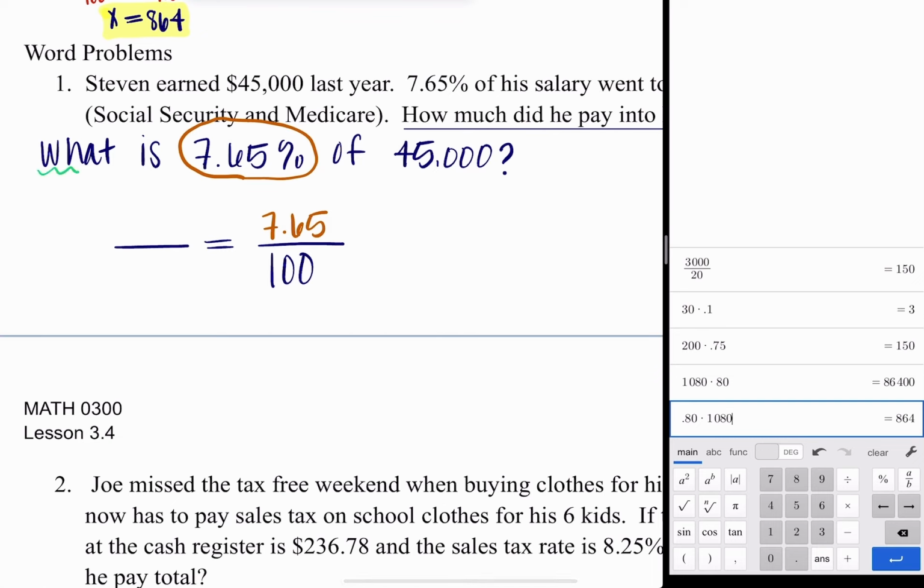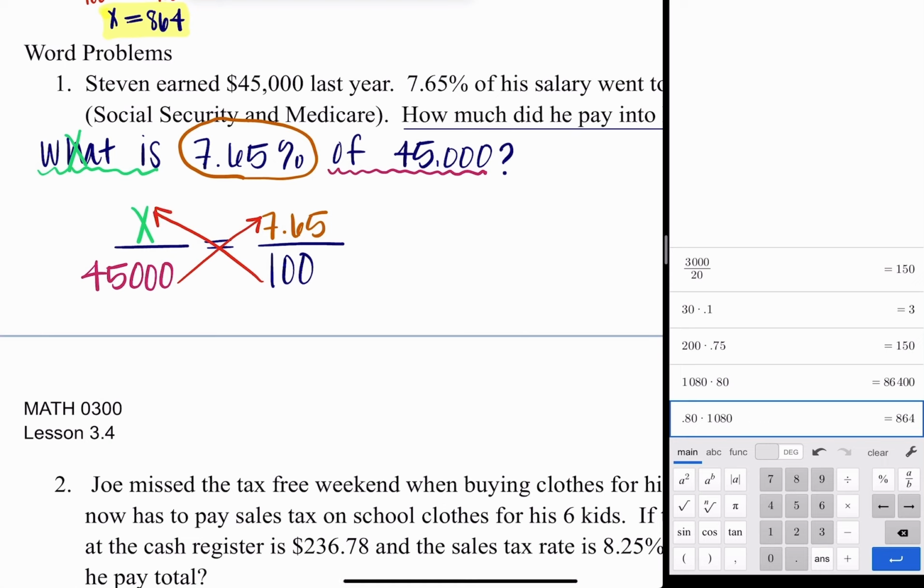Now it says, what is? Well, x. x is. And our of is 45,000. So just like before, I'm going to cross multiply.